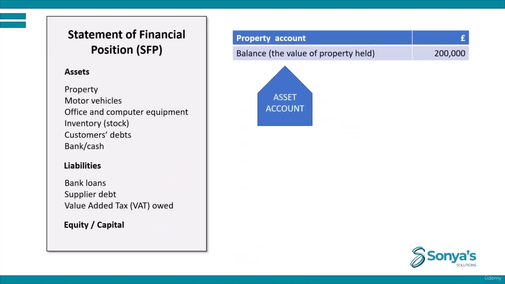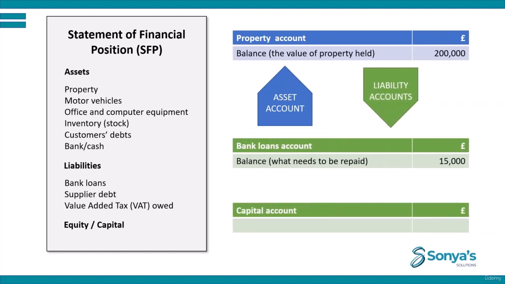The double entry bookkeeping system has an account for every asset and liability that needs to be reported in the statement of financial position. There's also an account which holds the balance for capital. When the report is being prepared, the accounts are totalled and the balance is recorded in the statement of financial position.